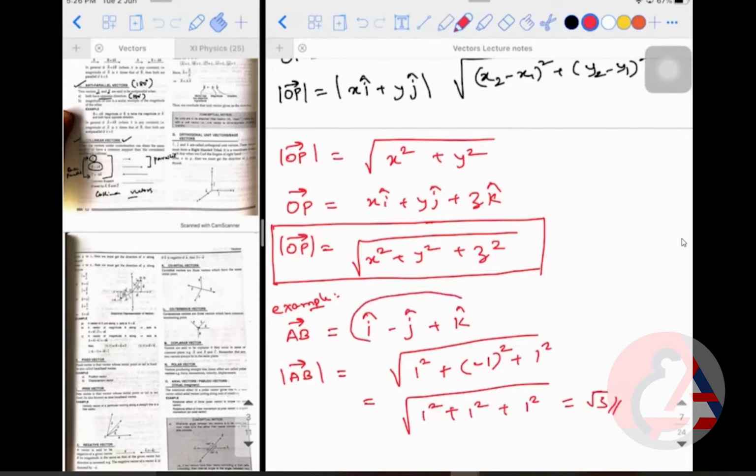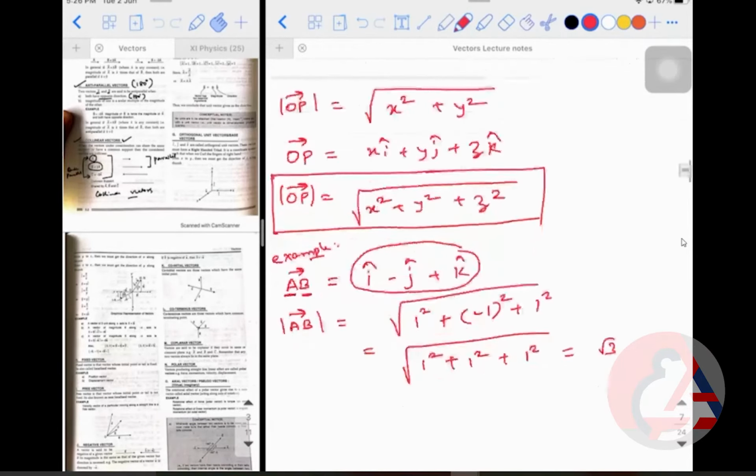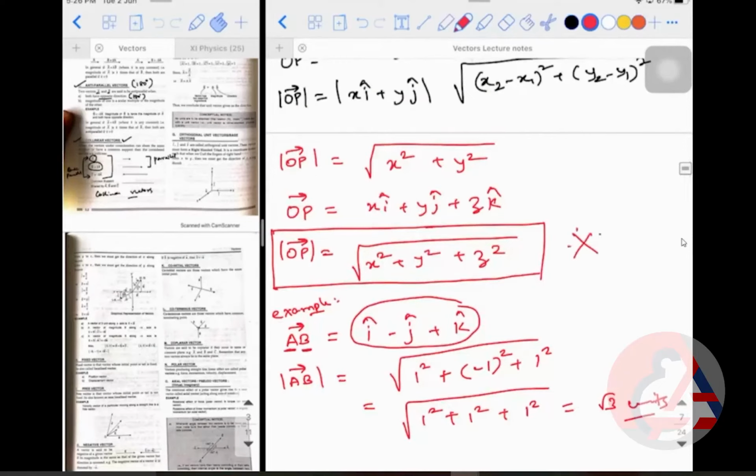Means the length of this particular vector, if you try to measure the distance between point A and B, that value is going to be root 3 units. That is the meaning of magnitude of the vector. It is going to be root 3 units. And this formula is very important, remember. This is a very, very important formula.